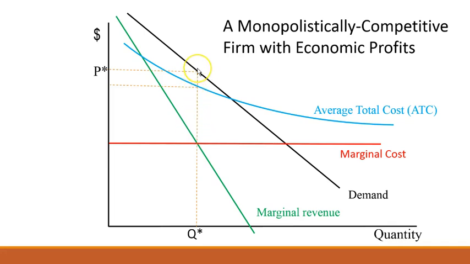And the demand information will tell it what price it's going to set, and we can see that that price in this situation that I've illustrated is above the firm's average total costs. That means that it's making a profit of this difference between the price and average cost, and if we multiply that by the number of units that it sells, we can see what its total profits are in this period of time.